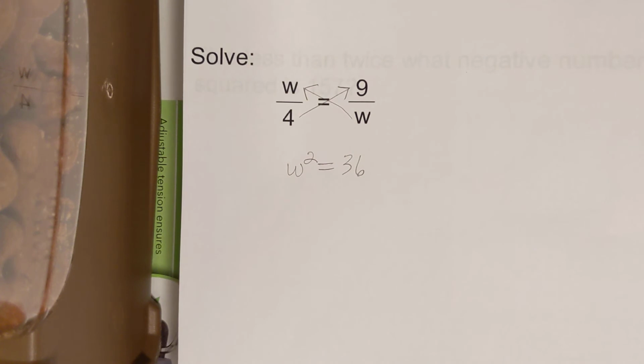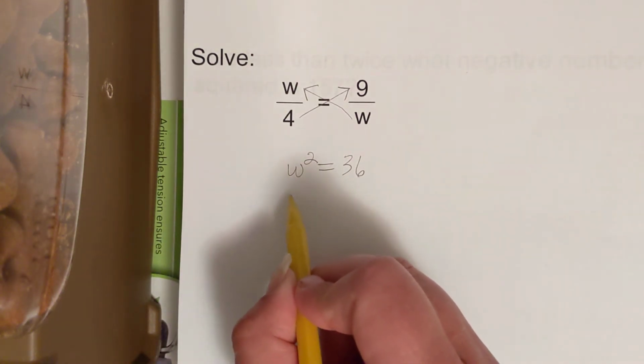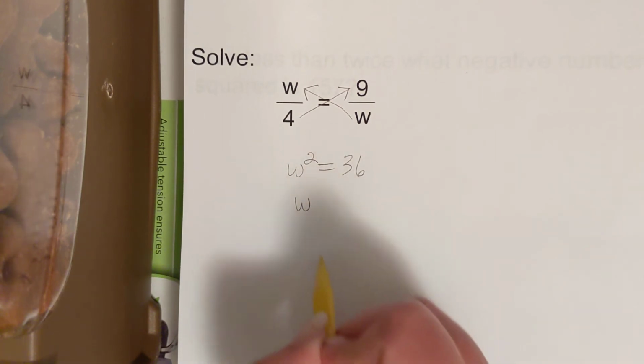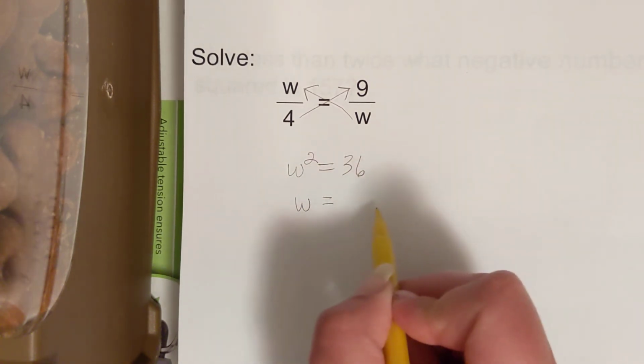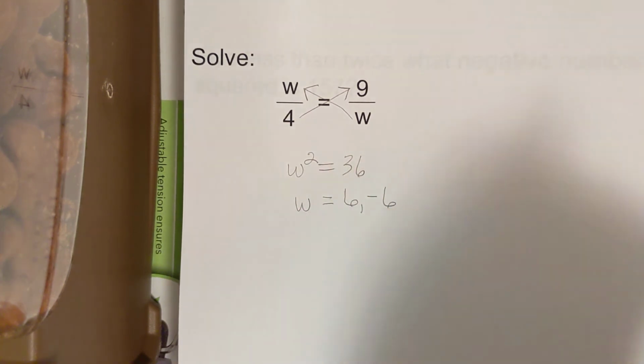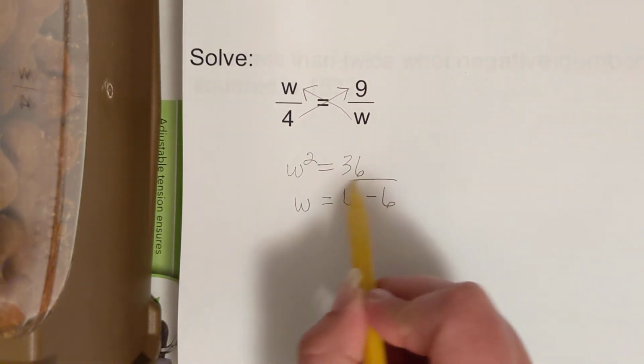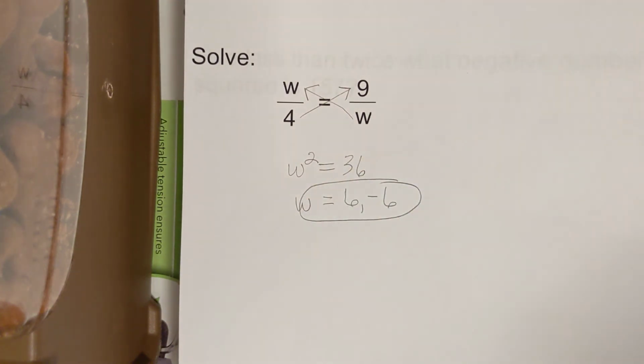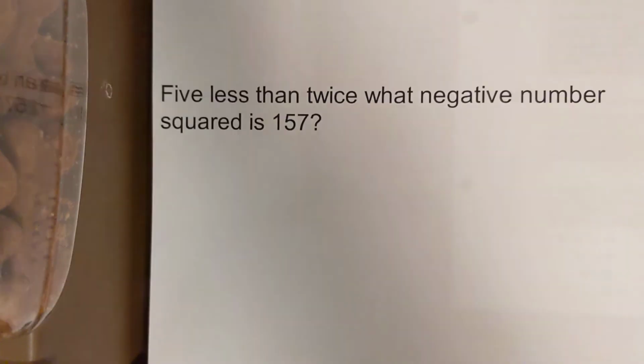So to solve for W, I need to take the square root of both sides. When I take the square root of W squared, I get W. The square root of 36, that could be a 6 or a negative 6. So W equals 6 or negative 6.